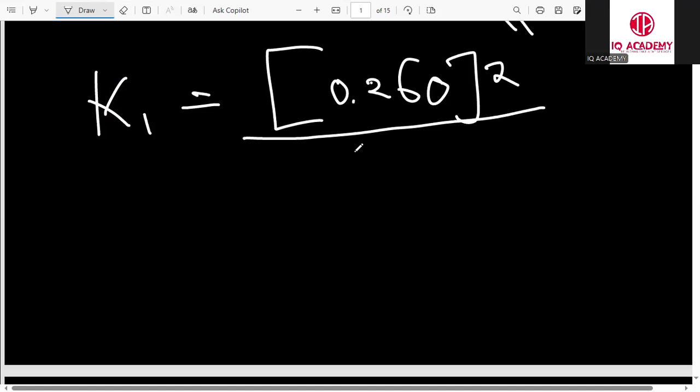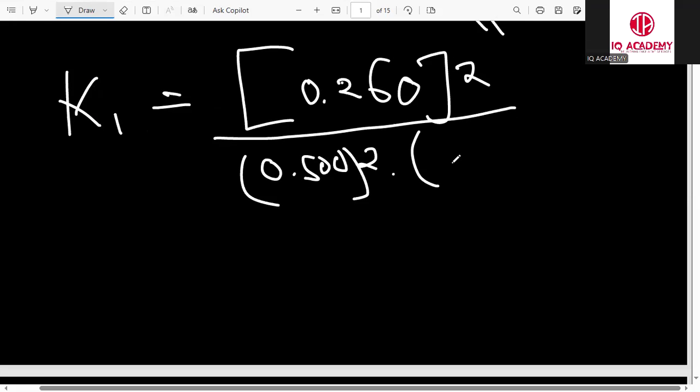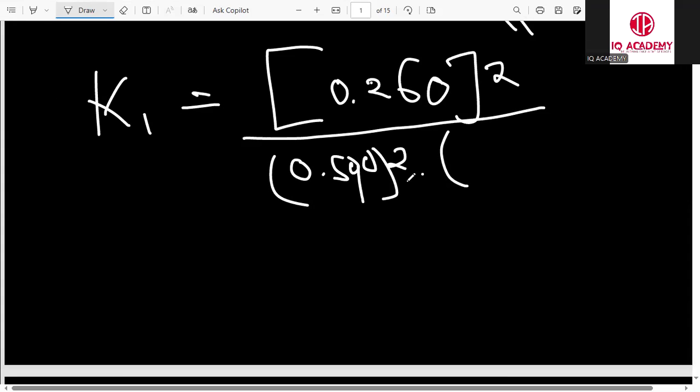Then we're dividing all this by the concentration of the sulfur dioxide, which in this case is 0.500, to the power 2, and then we're multiplying by the concentration of the oxygen, which is 0.045. Okay, so this is what we have here.